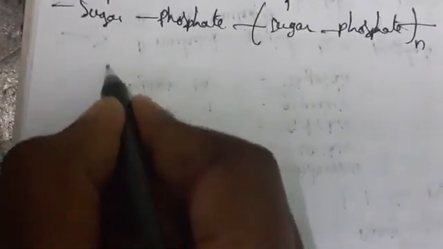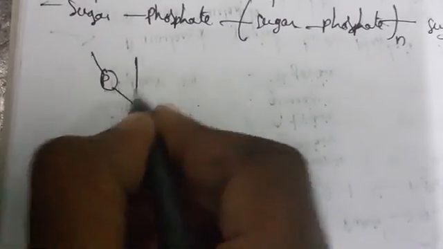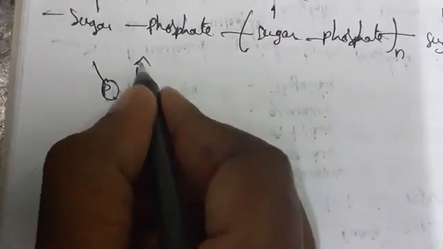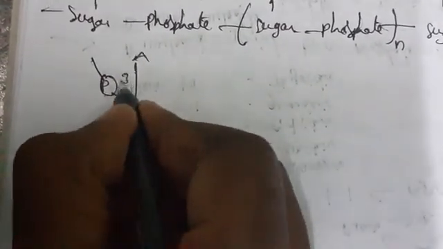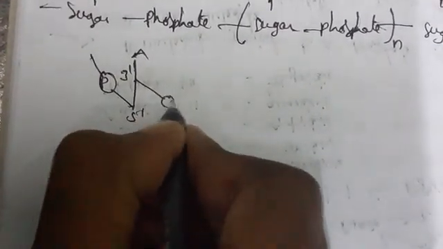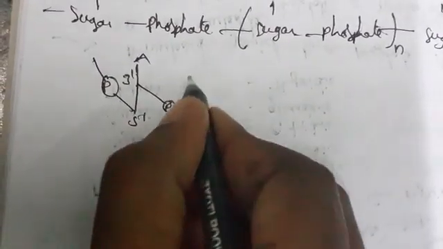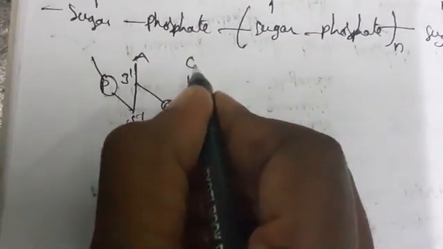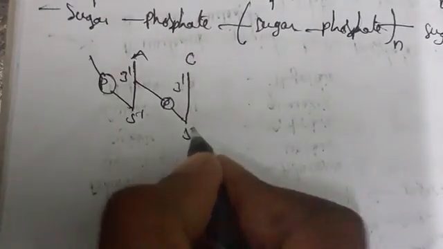The nucleic acid chain is abbreviated by one letter code with 5' and is written like this. Phosphate here, this is 5'. Coming to here, A adenosine 3', phosphate, C cytosine again 3', 5'.